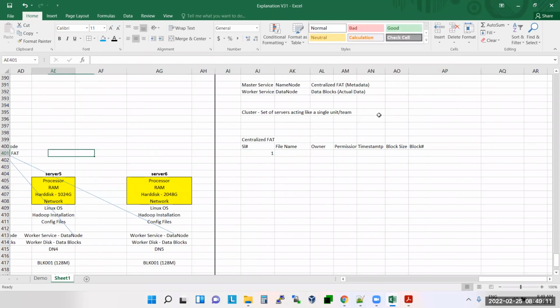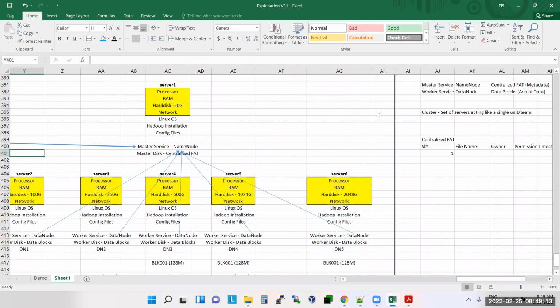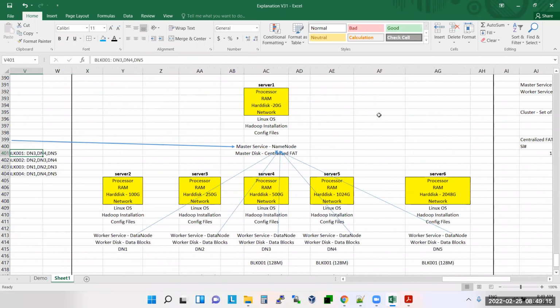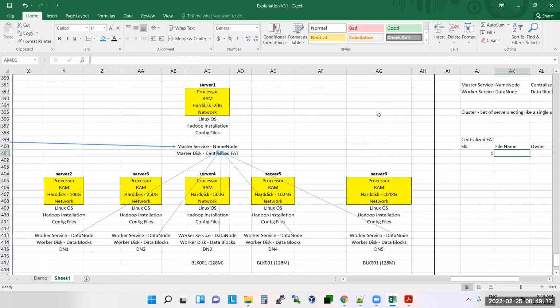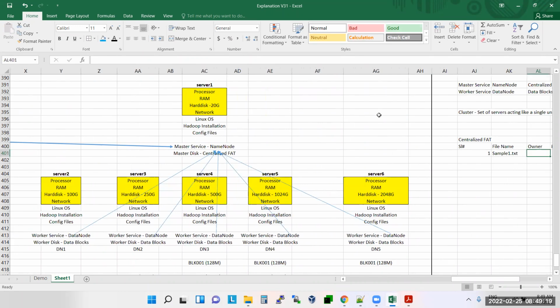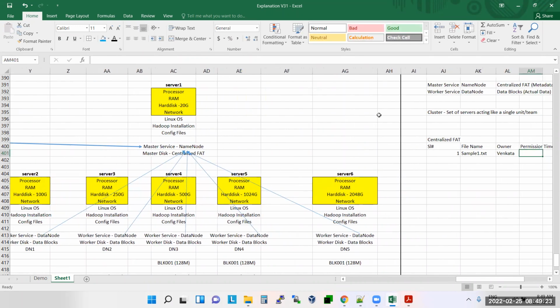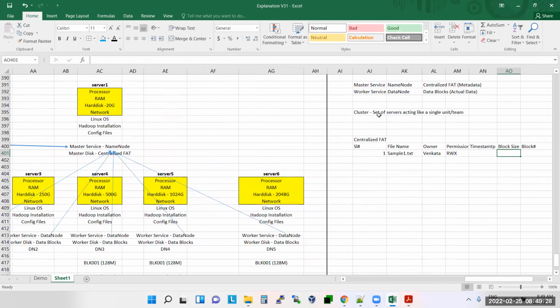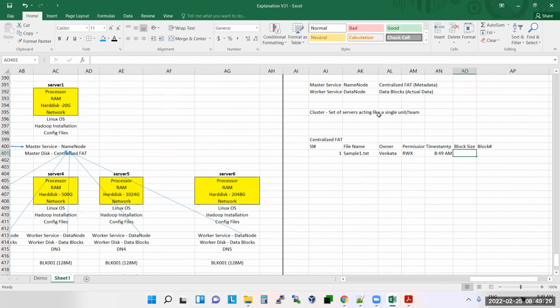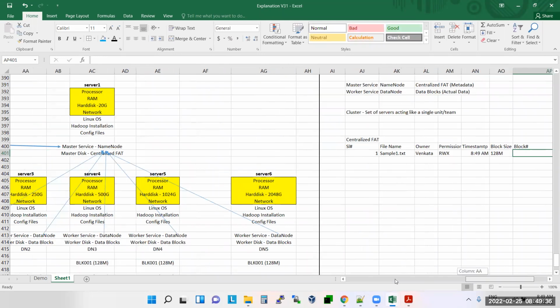This is one. Serial number 1. What is the name of the file? Here, Sample1.txt. Owner Venkata, who has written this. Permissions read, write, execute. And time. Block size 128 MB. Block numbers: it will write all these 4 block numbers.